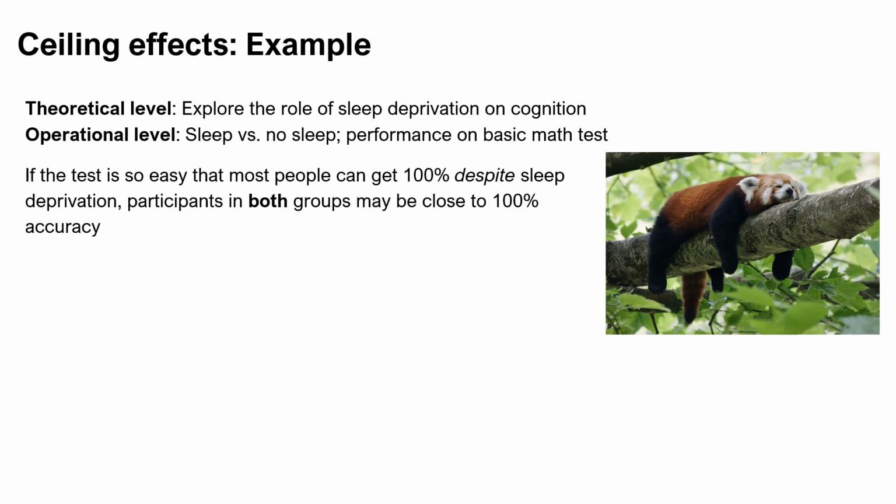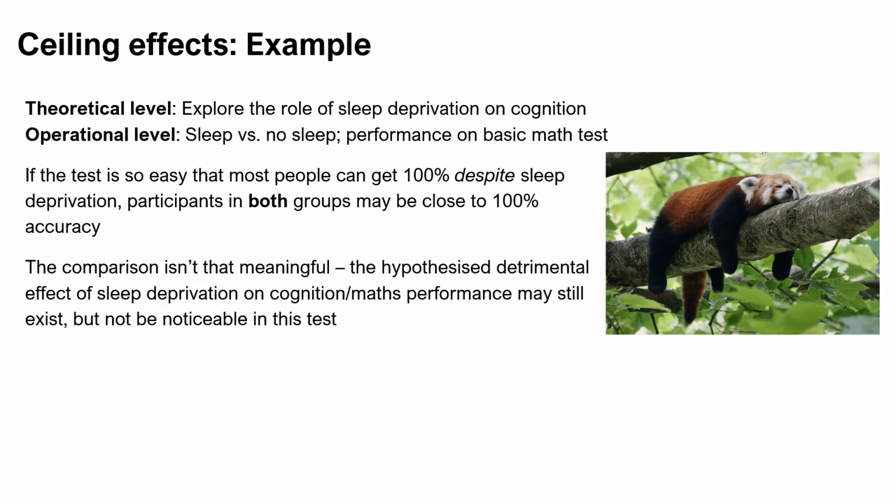If the test is too easy, so that most people can get 100% despite severe sleep deprivation, that might mean that participants in both groups are performing close to 100% accuracy. So that might be a test of 1 + 1, 2 + 2, for example, which in most adults would be manageable even if you haven't had a good night's sleep.